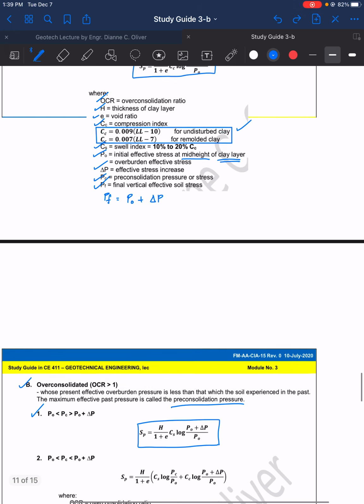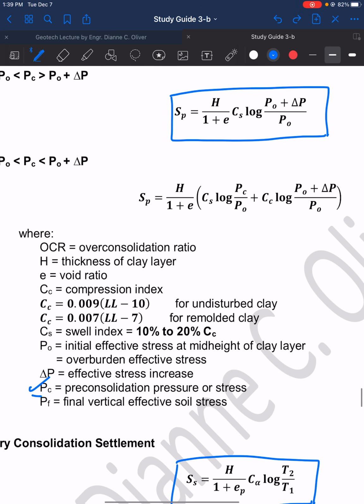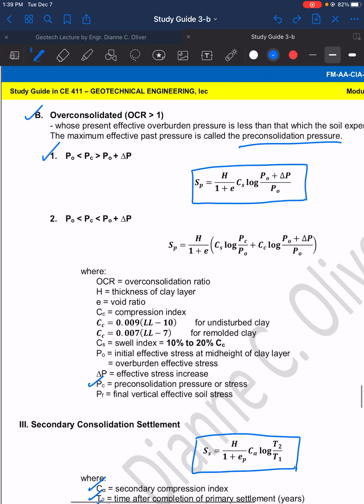Also, we use the over-consolidated formula if P sub C is given. P sub C is the pre-consolidation pressure or stress. Because if P sub C is present, OCR is greater than 1.